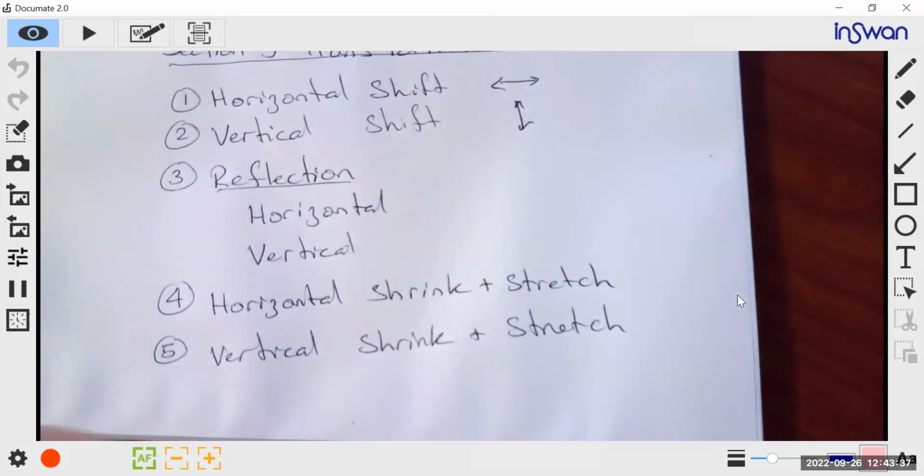So we can move the graph up and down, left, right, flip it over, up and down. We could stretch it, we could shrink it up and down, make it wider, skinnier.